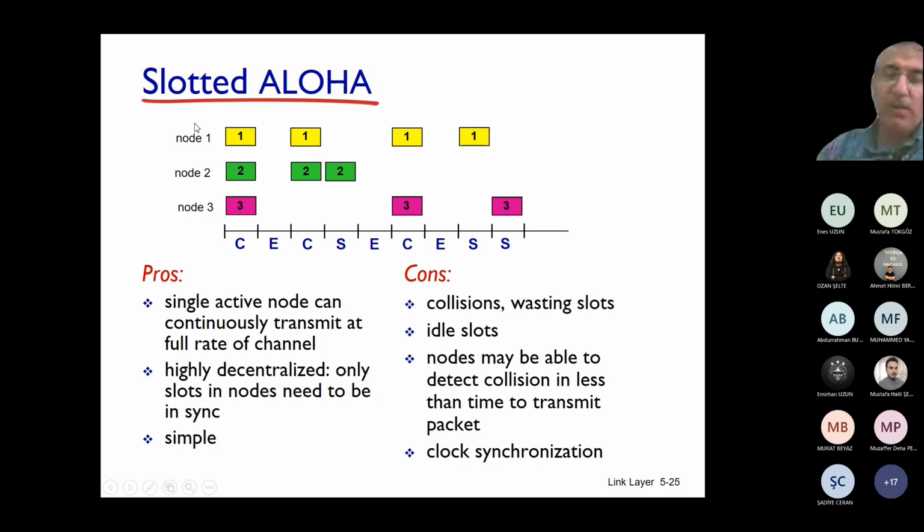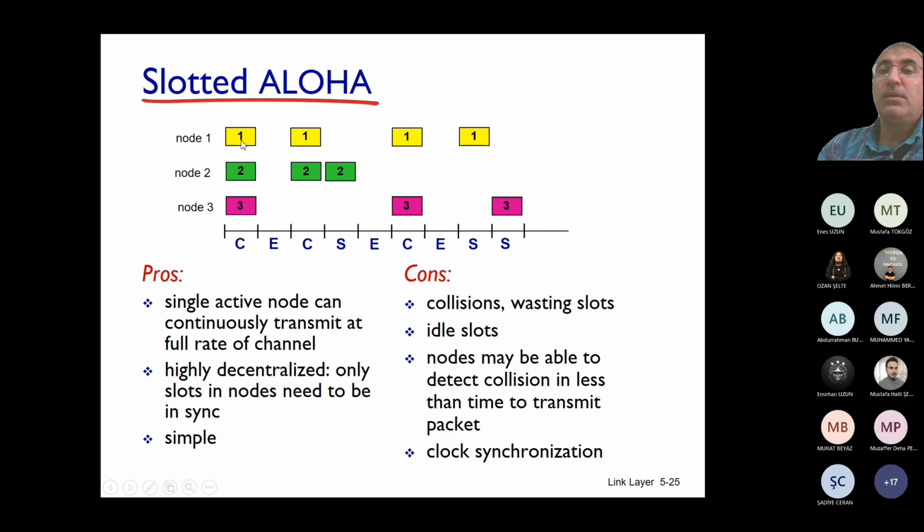Assume that I have three nodes in the network, and these three nodes want to send their frames, right? So in the first slot, all three attempt to send their frames. Because we have only one channel and there's no coordination, if all three try to send at the same time, a collision is going to happen, which we call C, collision.